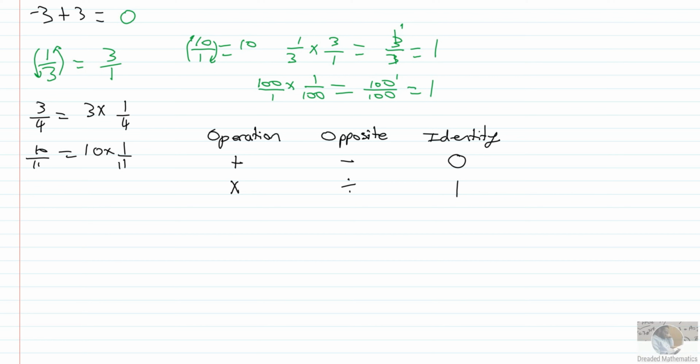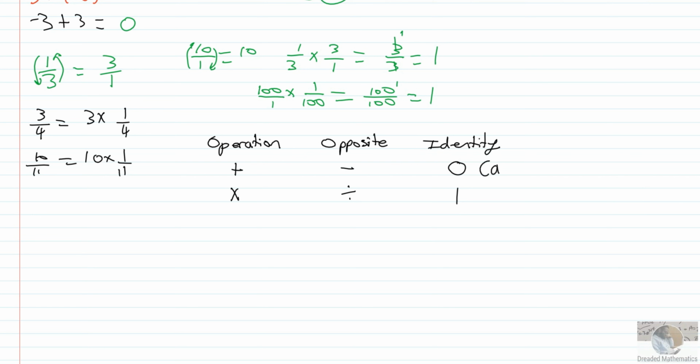So this is what we call the identity of addition and multiplication. This is what you call the additive identity, and this is what you call the multiplicative identity.